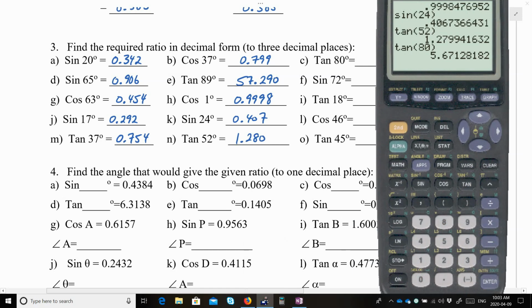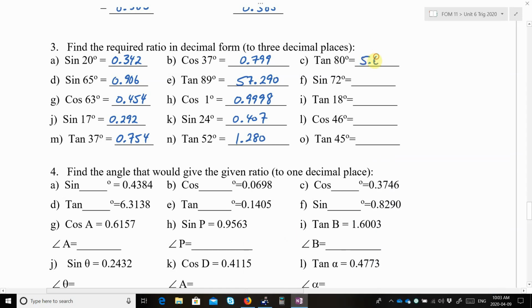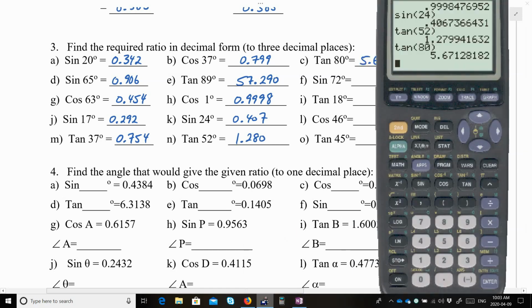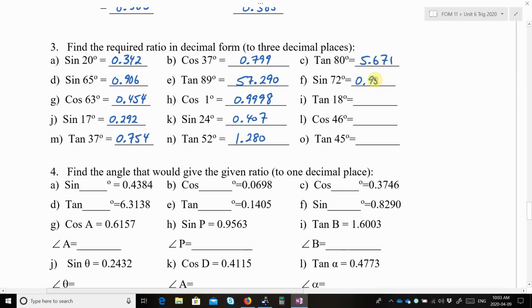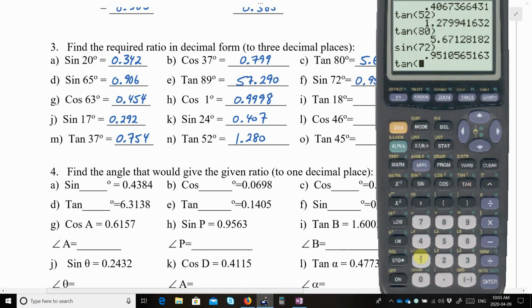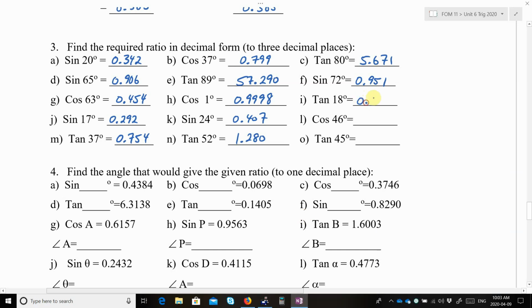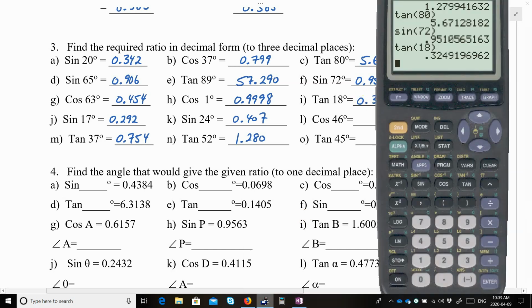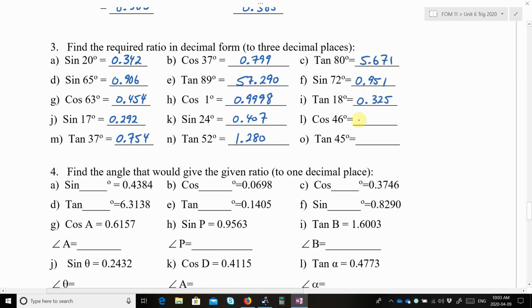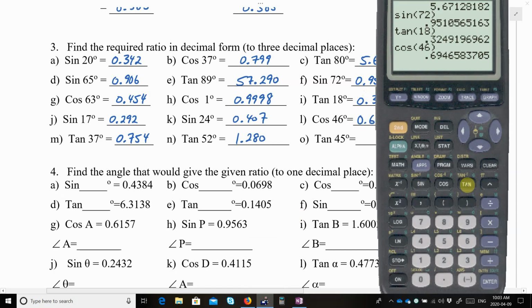Tan of 80 degrees is 5.671. Sine 72, 0.951. Tan 18 is 0.325. Cos 46 is 0.695. And tan of 45 degrees is 1.